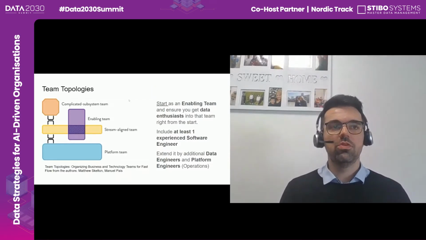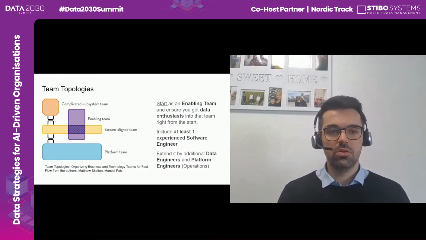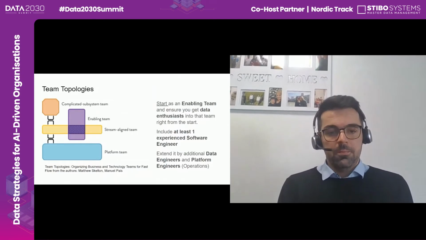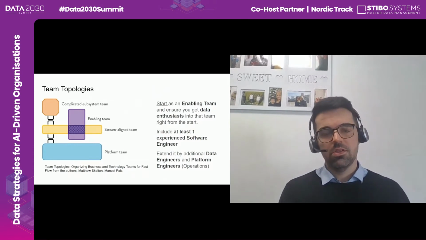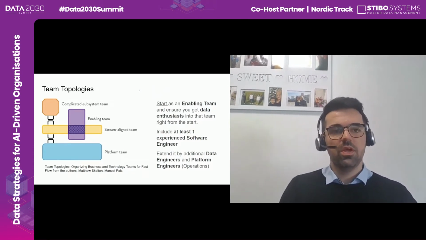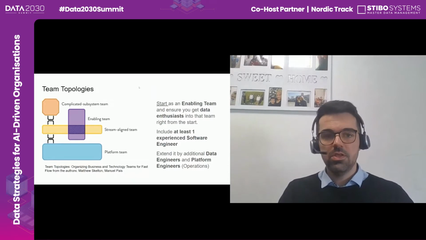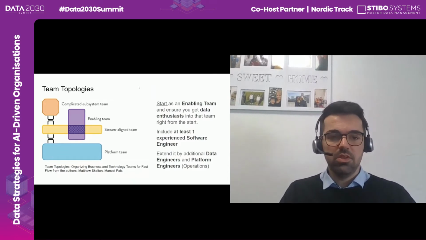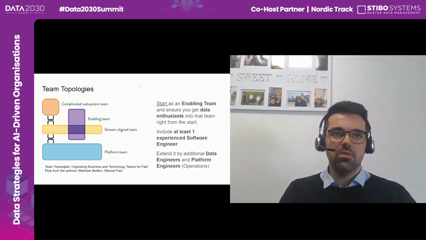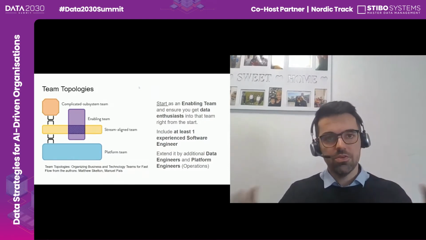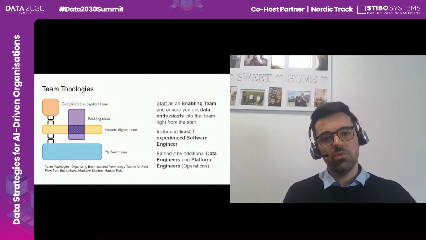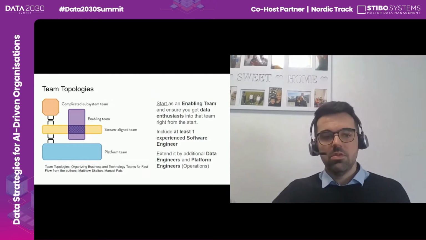What do you want to achieve with the whole DataOps initiative at all? That means the focus of an enabling team is changing. It's not that they start and then over the next, I don't know, 2, 3, 4, 5 years, they're doing the same thing in the same team. From the very beginning, the DataOps team should start and kick off as an enabling team and spend some time in the various teams.